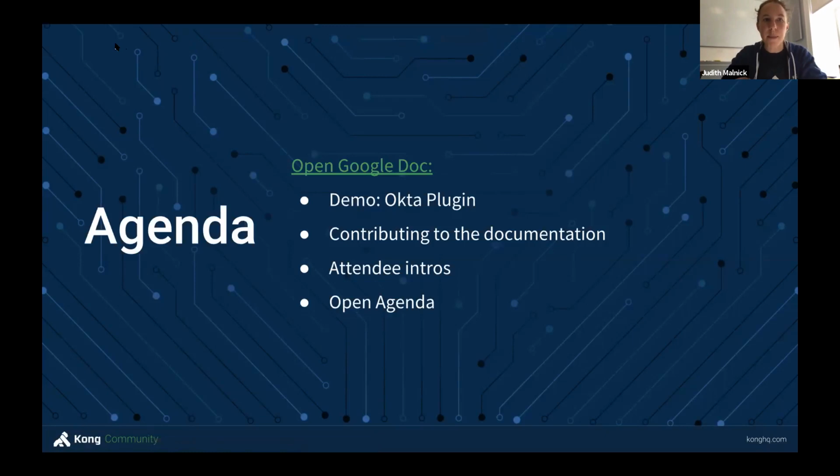These PRs can be to any open source project. Of course, Kong and its documentation are both open source, and contributing to the docs is a really great way to get started contributing to open source and also to start understanding Kong a little bit better.